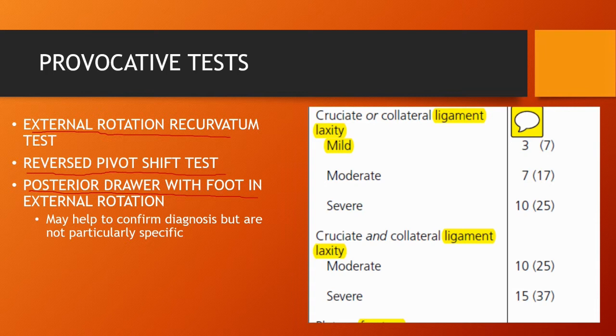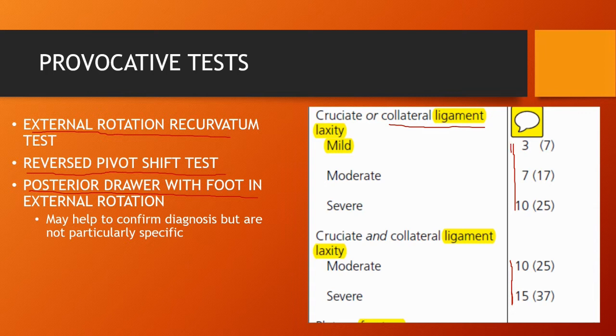And again, in an isolated lateral collateral ligament injury, which is rare, the AMA guides provide for 3, 7, and 10% whole person impairment. But as we've seen, injury to the lateral collateral ligament generally involves other structures, including one or more of the cruciate ligaments, and so those combined injuries qualify for much higher permanent impairment ratings.